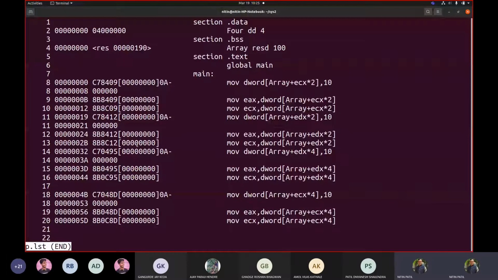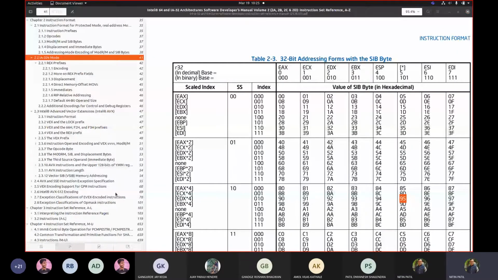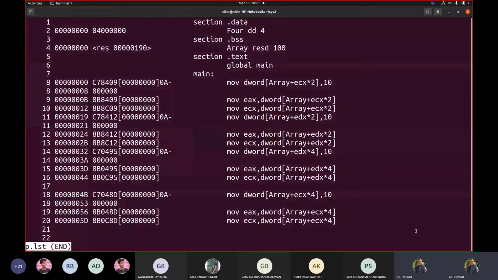So earlier it was showing 12, 8D. So 8D was here for multiply by 4 ECX. EDX by 4 we haven't tried, but if you try that, you should be able to see that value. So this 95 was shown because EDX was multiplied by 4 and array address was added there.